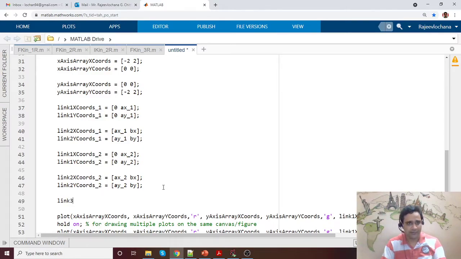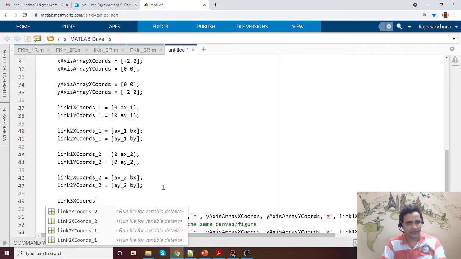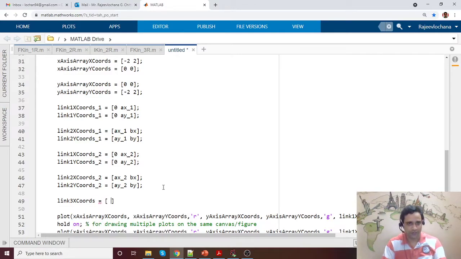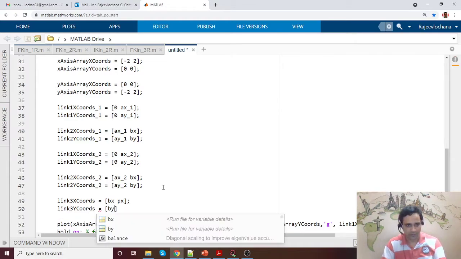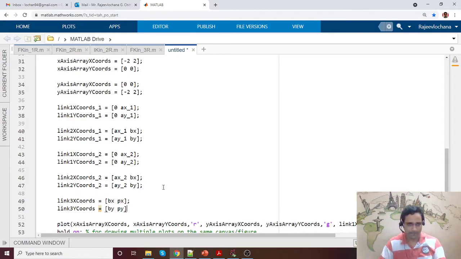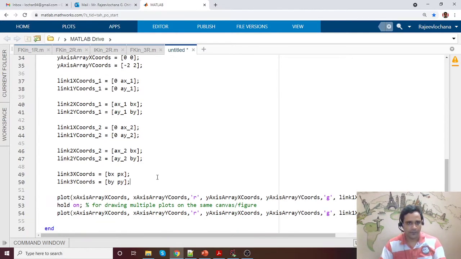Link 3 x coordinates are going to be from bx to px. Similarly, link 3 y coordinates are going to be from by to py.